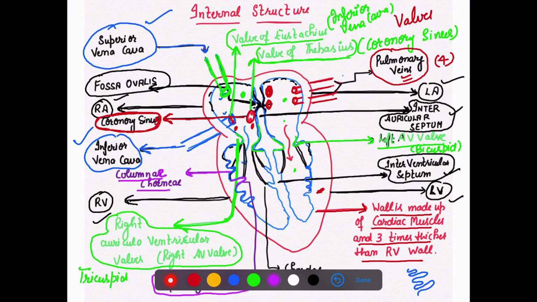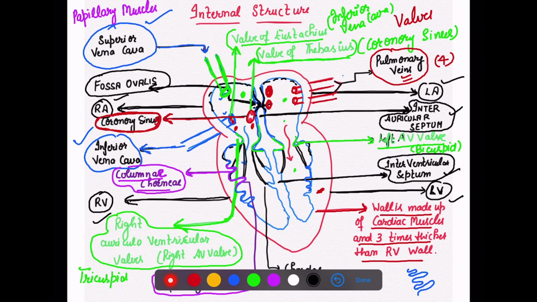One more time I am going to tell you that these smaller ridges, smaller projections, are known as columnae cornae. And the bigger ones, let me write their name here again: papillary muscles. Okay. Now they are attached with these flaps.